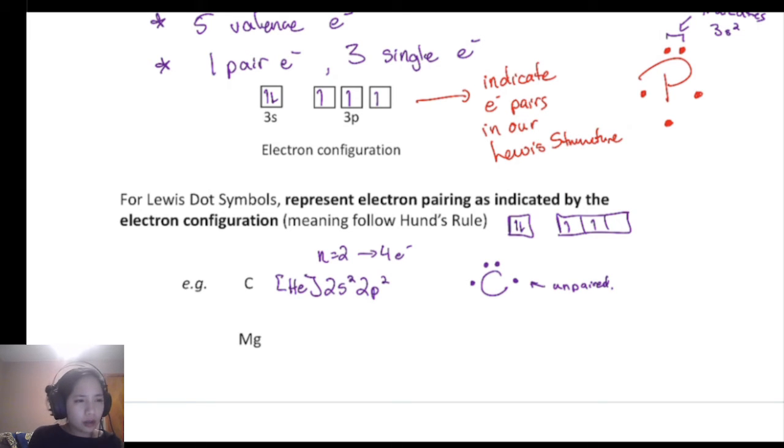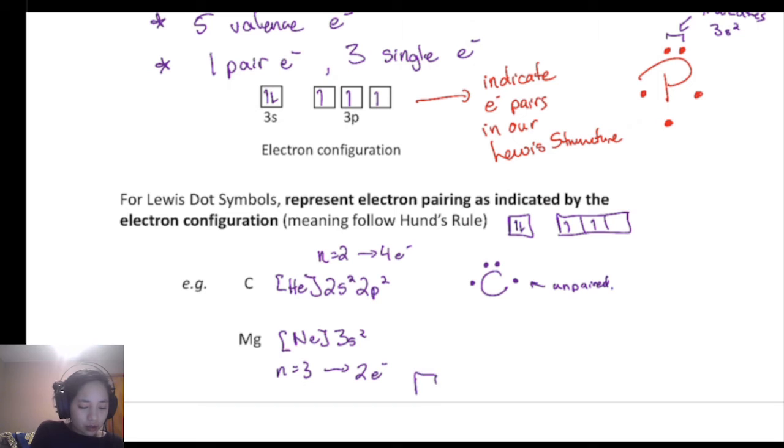Then in magnesium, if we write out the electron configuration, it is neon 3s2. So its highest n level, quantum level, is n equals 3. There are two electrons there, and they're both in the s orbital.